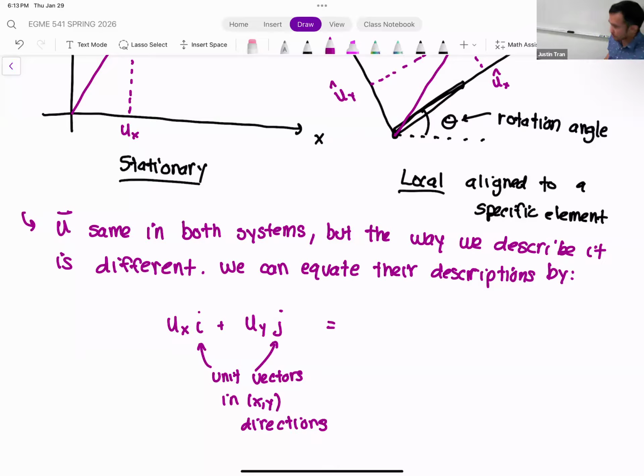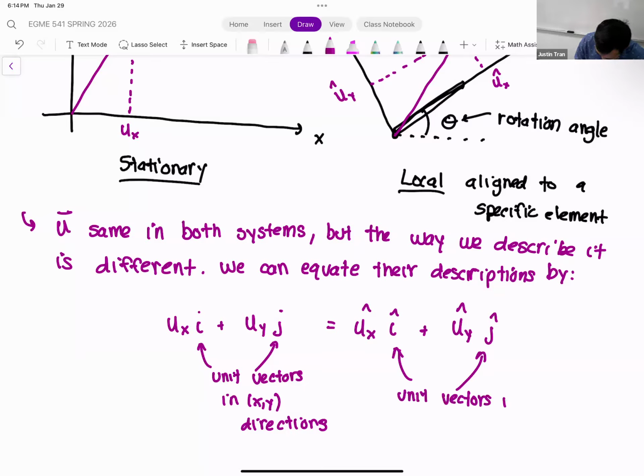This is going to be equal to ux hat i hat plus uy hat j hat, where i hat and j hat are the unit vectors in the local coordinate axis directions. Since this is the same vector, these two descriptions should be the same.